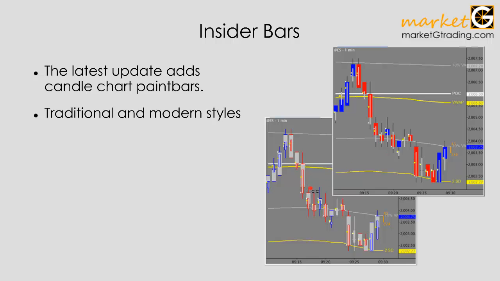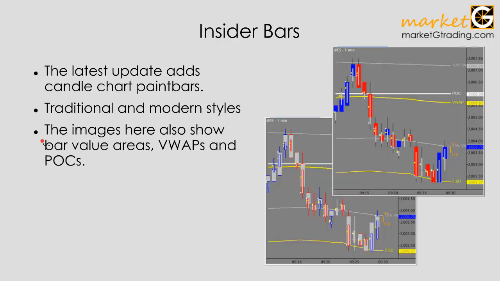The left is what I call the modern style, which has all the bodies the same color and uses an expanded wick to show whether the bar is up or down. And sometimes you'll find when you're layering more things on top of the candle that the solid color wick makes it all a little bit easier to see. So you can choose whichever one you like, just more options for you.